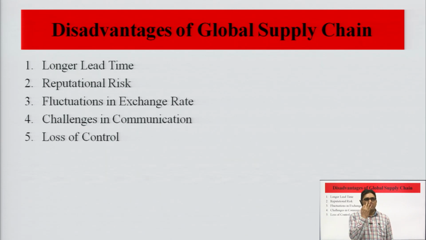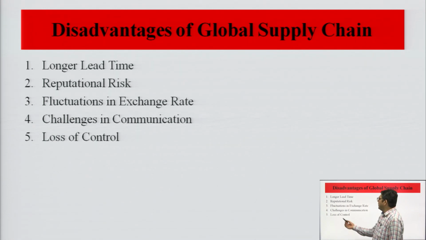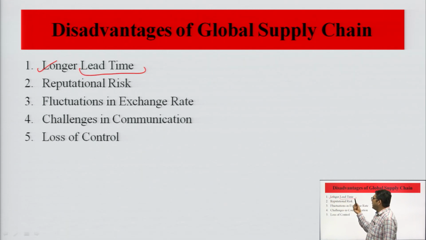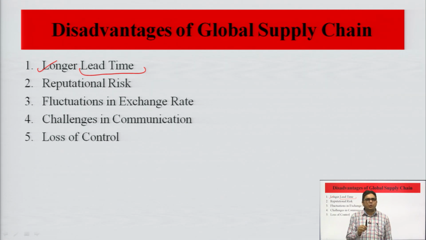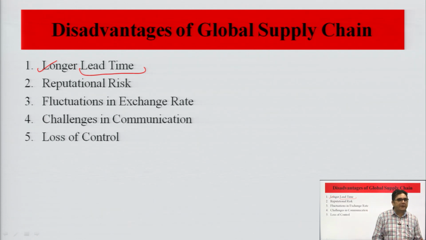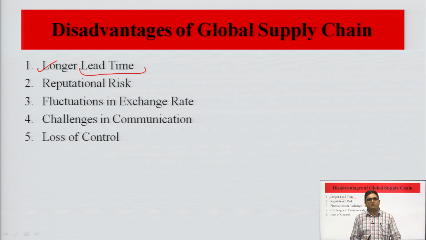Next, what are the different disadvantages of the global supply chain? The first is the longer lead time. Lead time, what is it? It is the time taken once we have placed the order until the order has reached the customer. Longer time can be taken for some products which are more complicated and very difficult to manufacture, like aircraft manufacturing or any capital goods or heavy machinery.